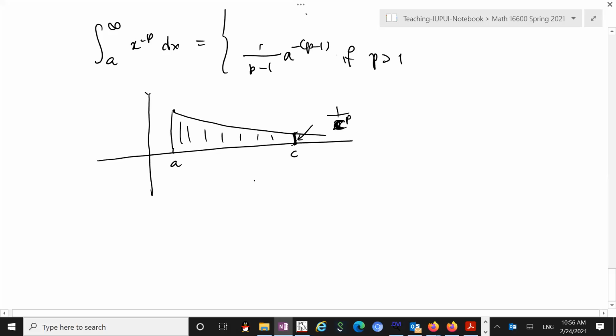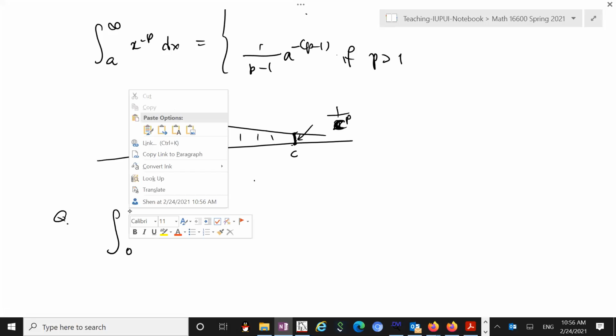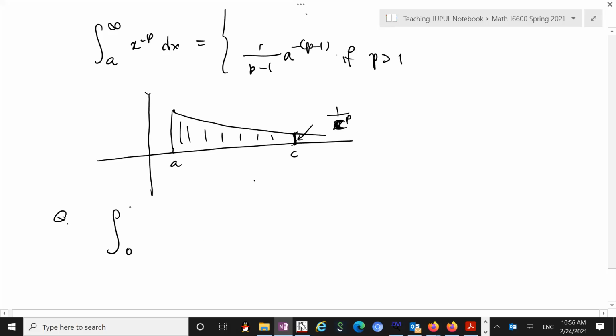Then you will have a question: what happens if it's from 0? I just put an arbitrary number here, b, which is finite. In this case, we assume p is also positive, because otherwise this is a trivial case.